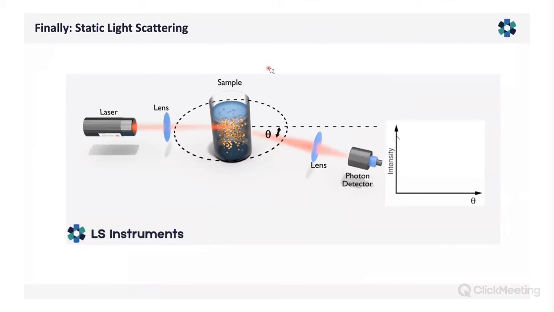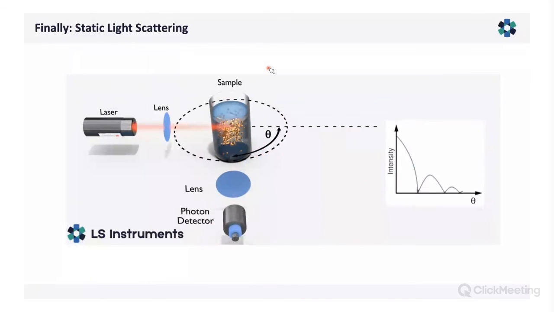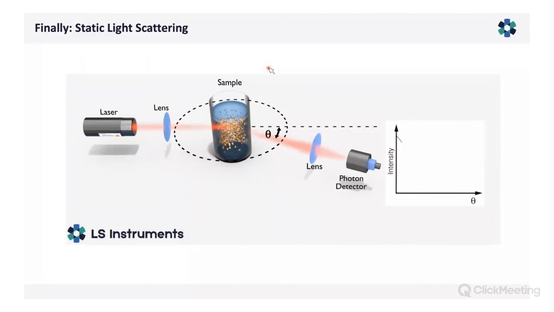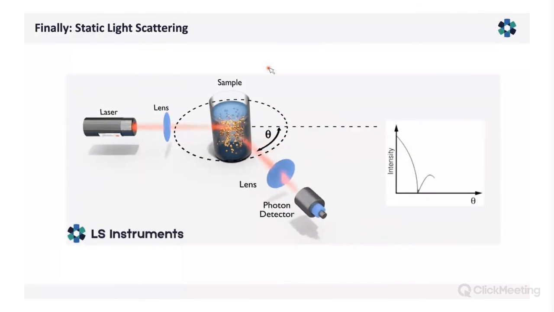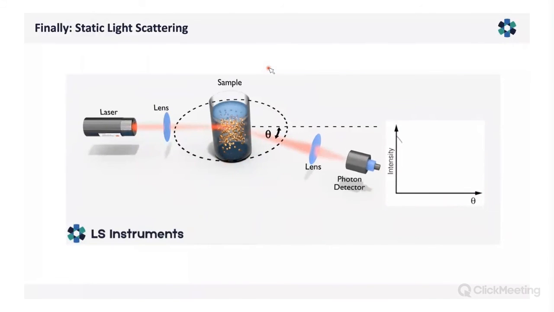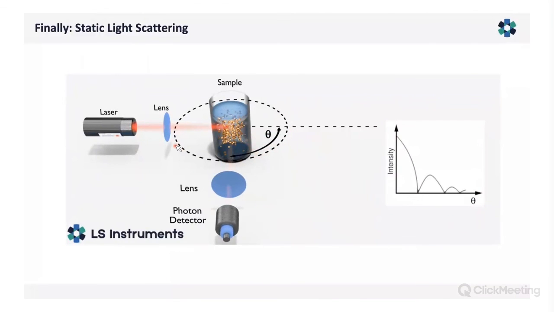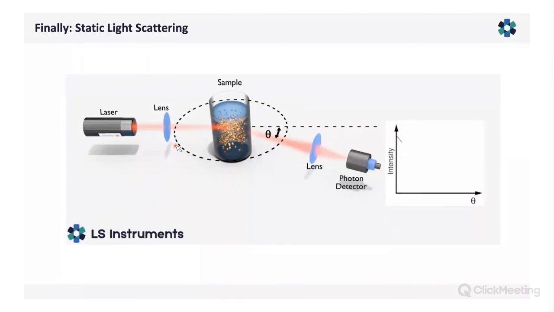Okay, last but not least, I'd like to say two or three words about static light scattering. All of what I said can also be applied to static light scattering. And here we use the following principle. In static light scattering, what you typically do is you scan the angular distribution of intensity.